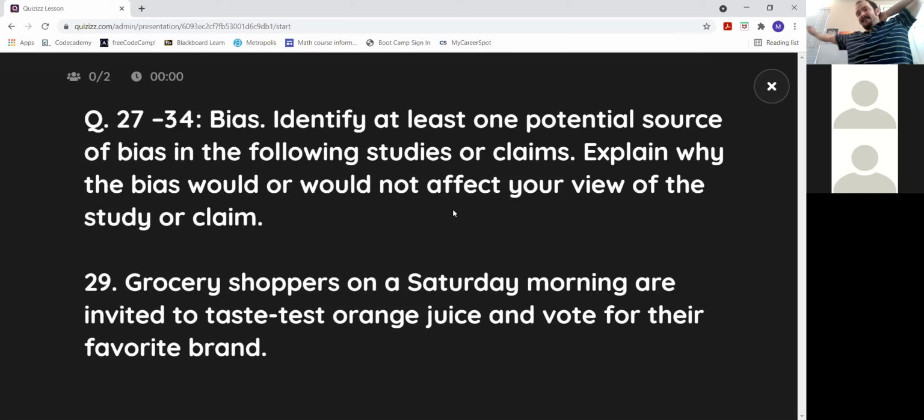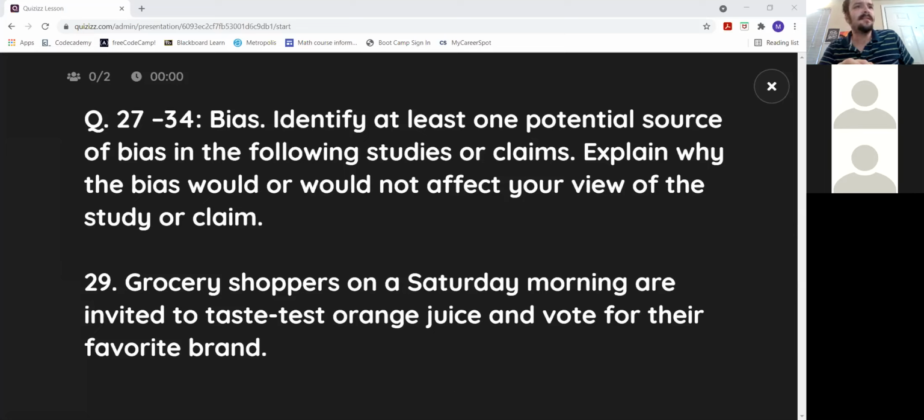What's one bias? The taste of the orange juice. What do you mean by that? How's that going to bias people? Like some people may like it and... Would it be selection bias?